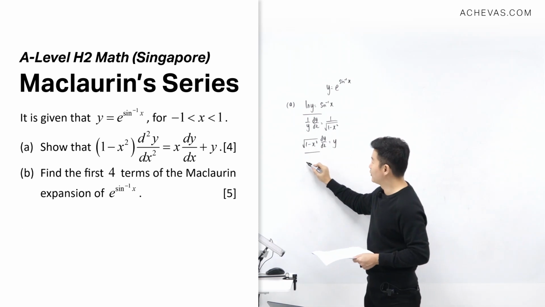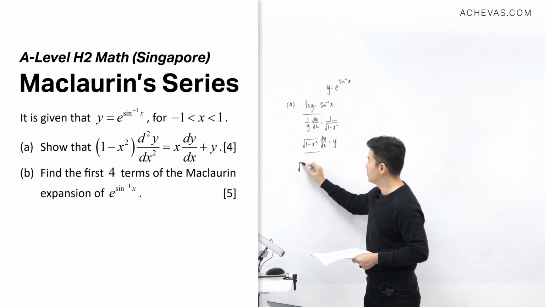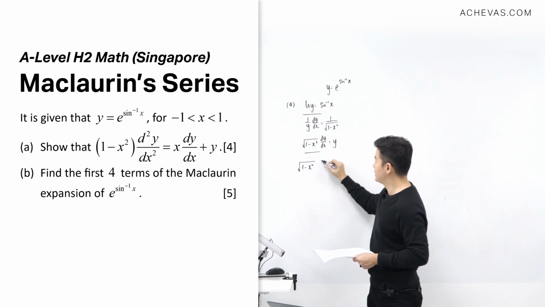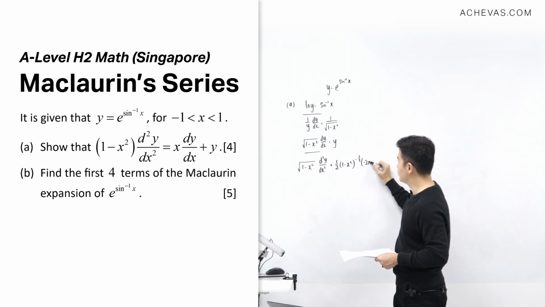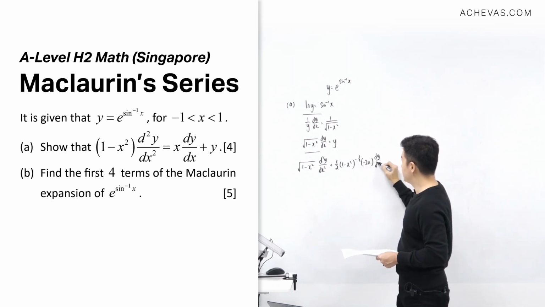So on the left hand side, I'm going to apply the product rule. Square root of 1 minus x squared, I'm going to leave as it is. Differentiating this is going to be d squared y dx squared. Then differentiating this now, it is going to be half 1 minus x squared to the power of minus half times minus 2x, then dy dx.